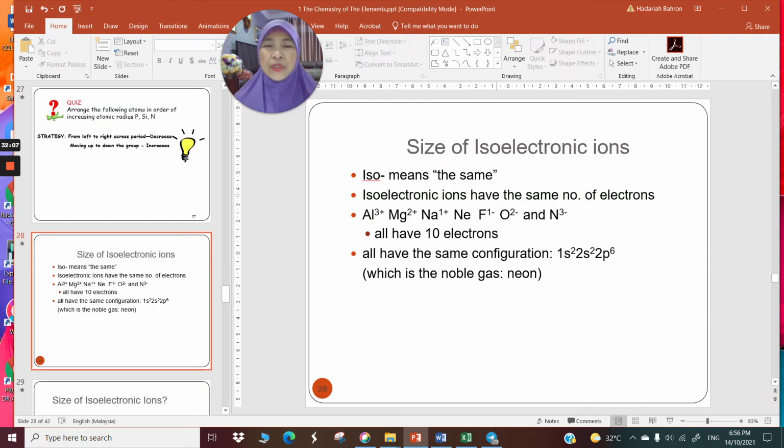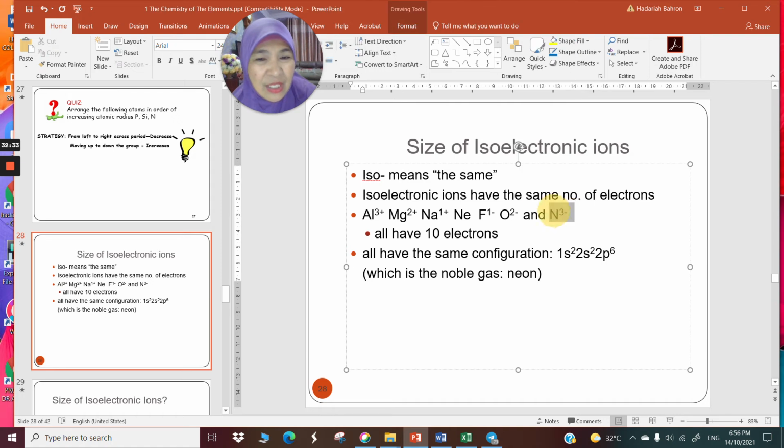Okay, I would like to go next into the size of isoelectronic ions. Iso means the same. Isoelectronic means ions having the same number of electrons, as I was telling you earlier. Aluminium 3 plus, magnesium 2 plus, sodium 1 plus, neon, fluoride, oxide, and nitride all have 10 electrons. So all of these are said to be isoelectronic.